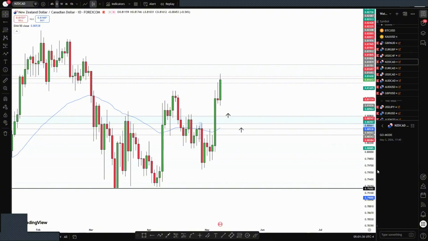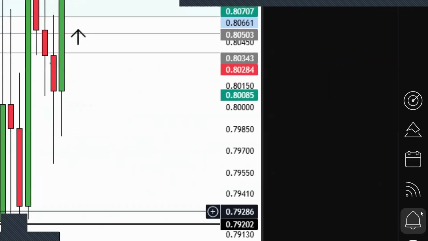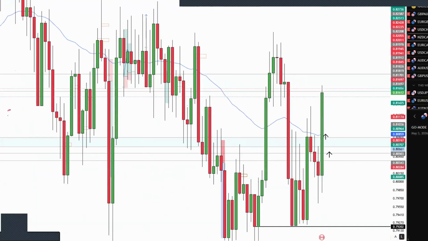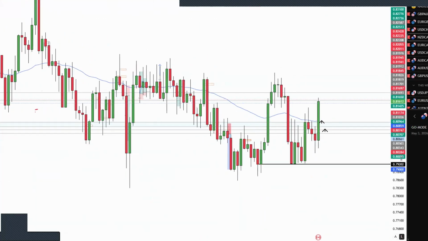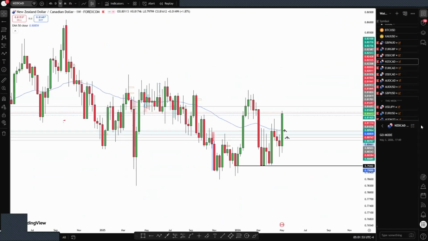On NZDCAD, as you can see right now, price is very much bullish, and on the weekly time frame, you can see what price really did. The same thing I was explaining to you just earlier on.